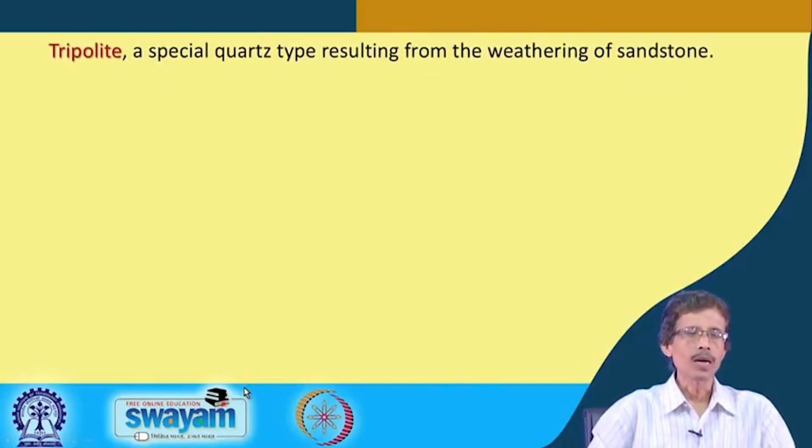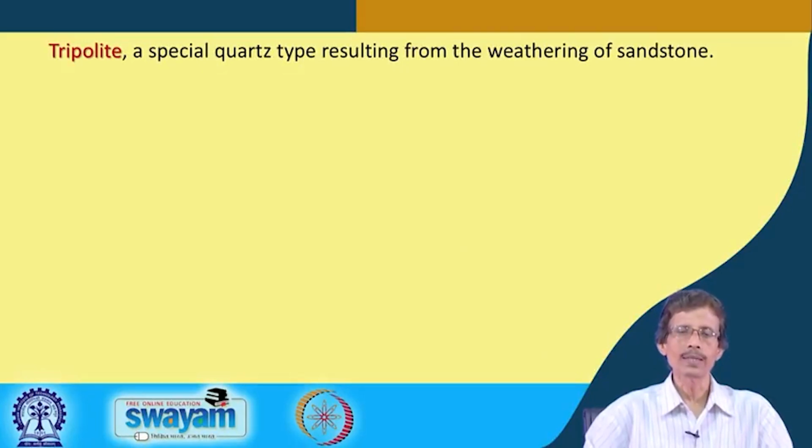Then we have given, as one example, your tripolite. That tripolite is a special type of quartz structure coming out from the sandstone, and when sandstone weathers, that means with time, with water, with aging of the material, it gives the tripolite as a powdery material which can also be used as your filler material.